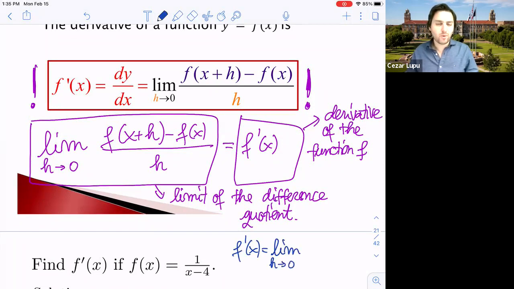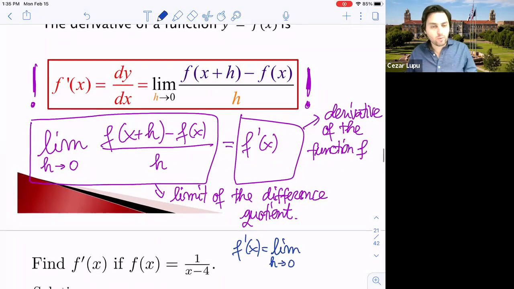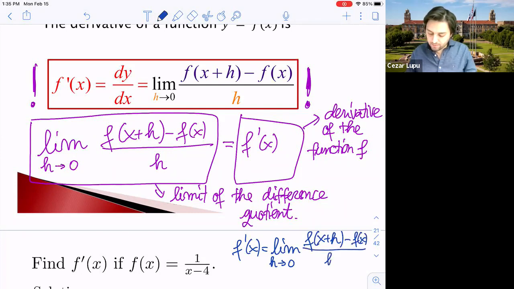Well, this is actually the hard way of doing derivatives, but so far we only have this definition. At some point you will learn what the derivatives of elementary functions are. But anyway, by the definition, this is the limit as h approaches 0 of this difference quotient, f of x plus h minus f of x, everything over h.